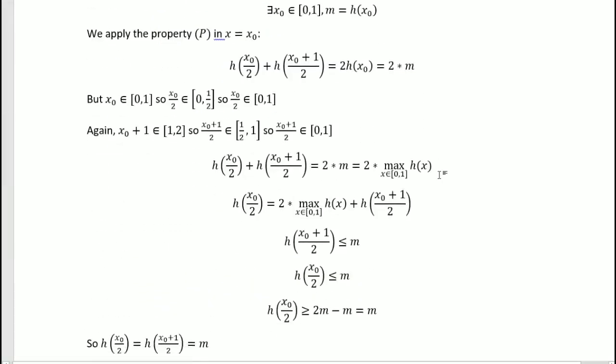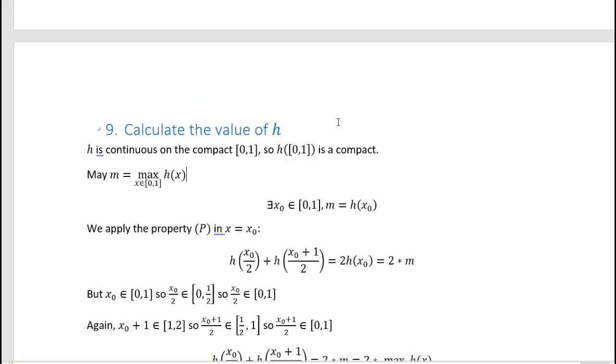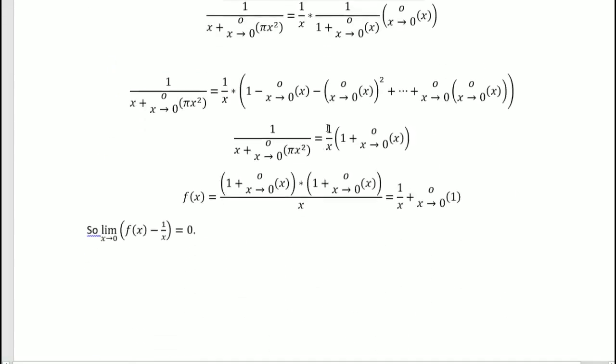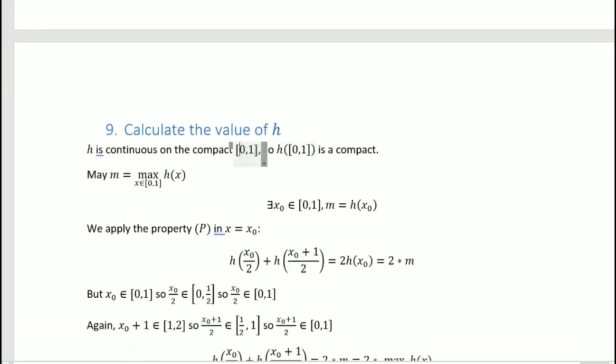Okay, so now I'm going to calculate the value of h. So h is continuous on the compact 0, 1 as a sum of continuous functions, because this is continuous, this is continuous, this is continuous. And 0, 1 is a compact, and when you apply a continuous function on a compact, it's a compact.